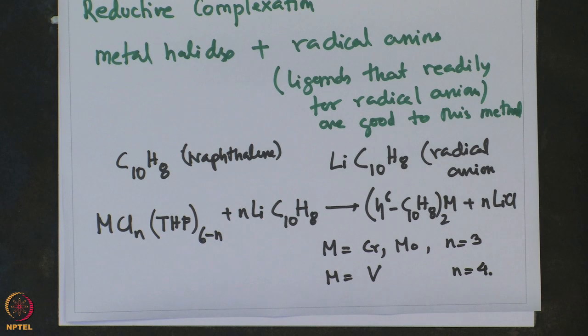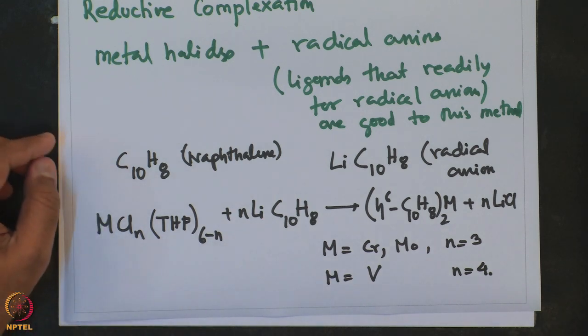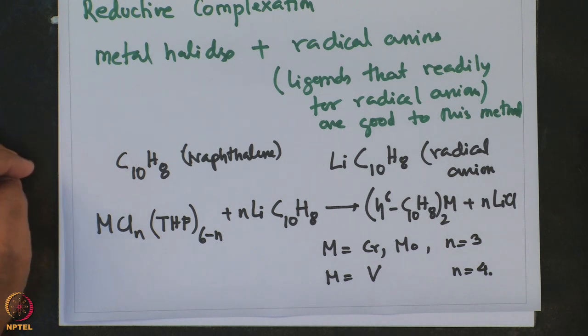So, this reductive coupling is a unique reaction so far that we have been seeing, that involves converting the ligands to their radical anions and then treatment of the radical anions with the metal halides, and a nice demonstration of this has been used in case of various metals like chromium, molybdenum, vanadium that produces this anion.